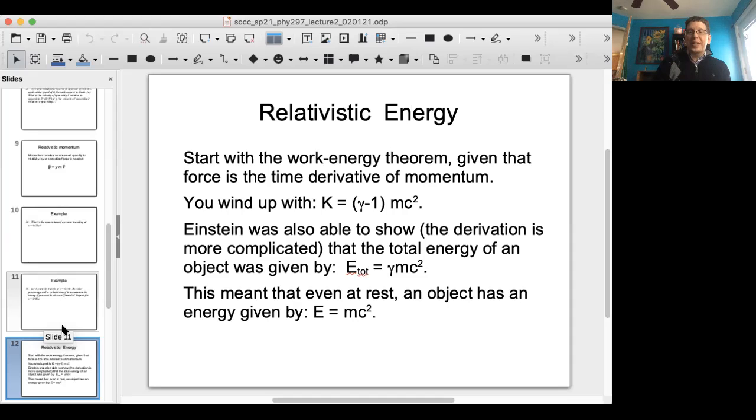And then when you get to relativistic kinetic energy, the mc squared comes into play. You effectively have the total energy, gamma mc squared, and you subtract from that the kinetic energy. You're left with what Einstein described as the rest energy, equal to mc squared.